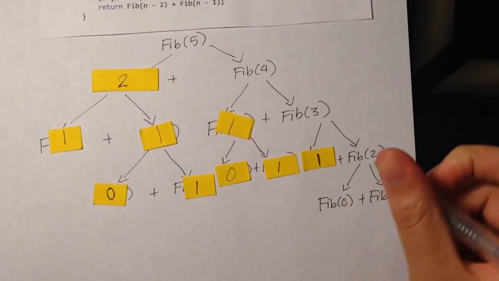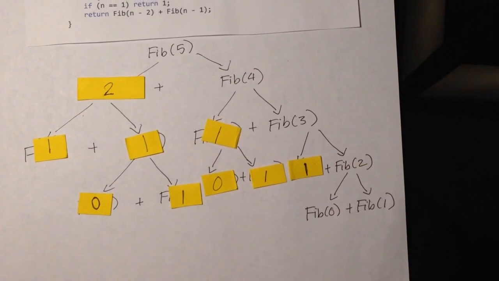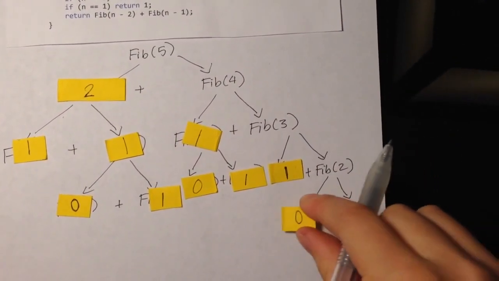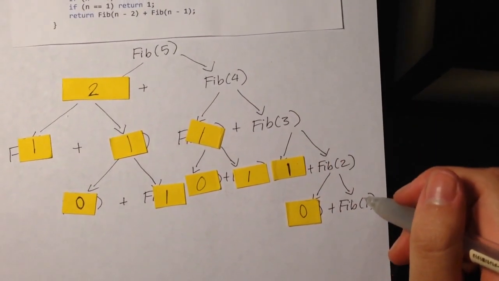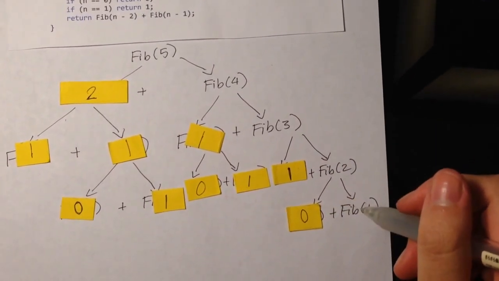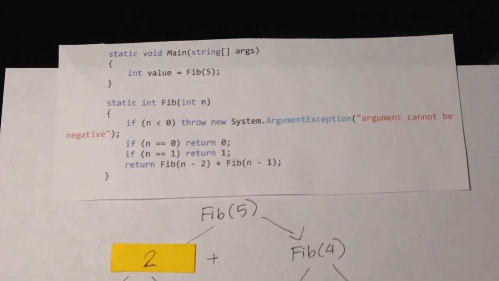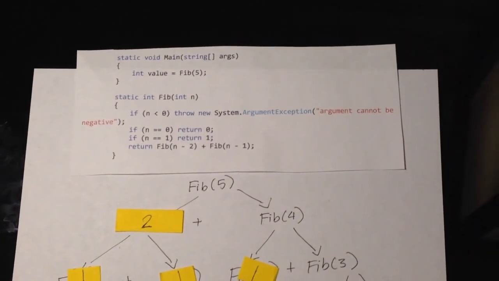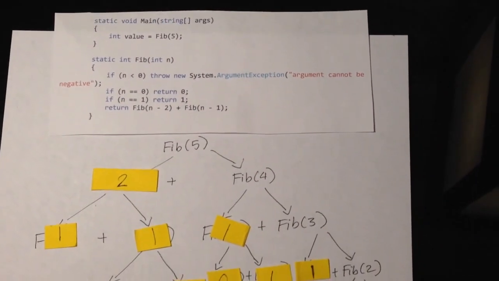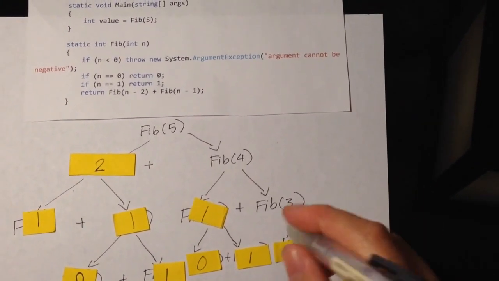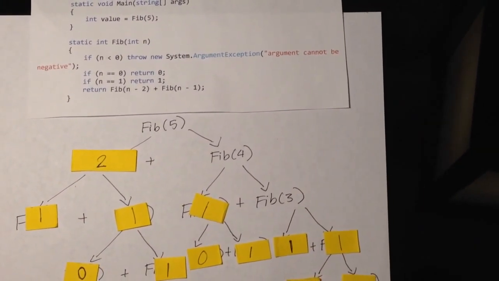Fib of 0 is called, and we reach a termination condition, so we get 0. Fib of 1 is called, and we reach a termination condition, so we return 1. Fib of 2 returns 1, and fib of 3 is 2.